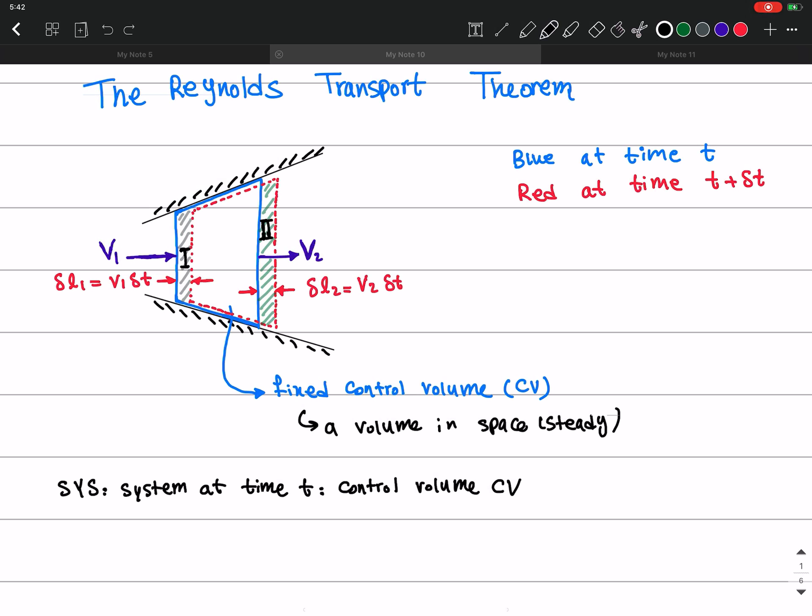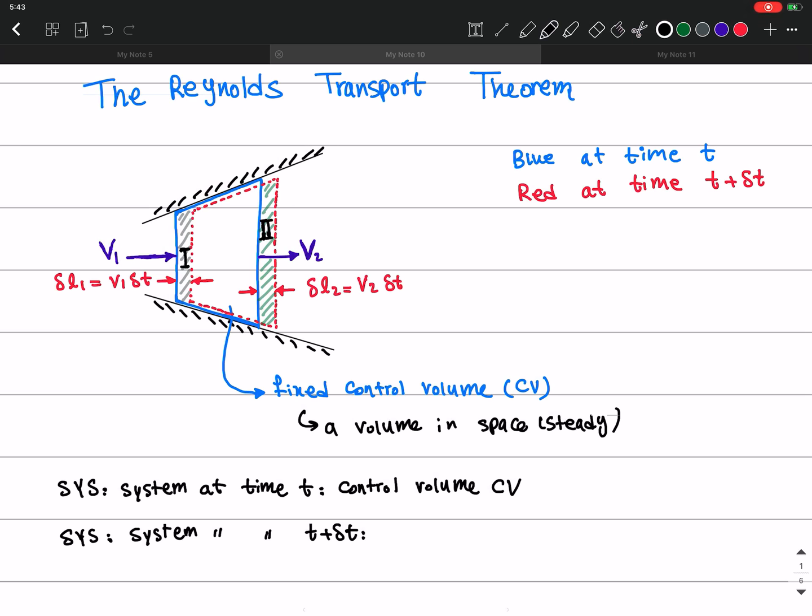And then we have system again at time t plus delta t. Well, what is the system at time t plus delta t? Okay, so the system is going to be this red line, and I want to show it as the sum of the things I have indicated in this figure.